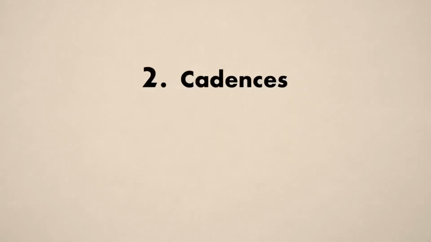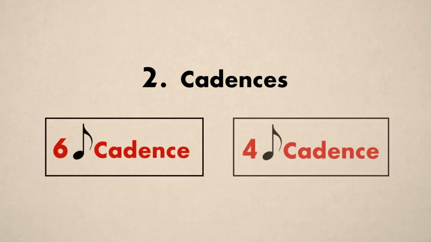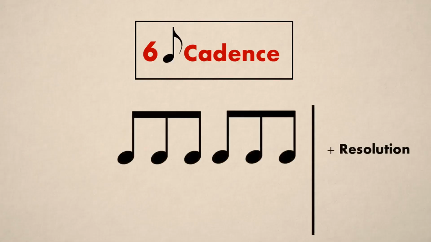Second, cadences. There are two types of cadences that are especially common in Mozart's German dances. I named them the 6/8 notes cadence and the 4/8 notes cadence. The 6/8 notes cadence always displays the following rhythm.